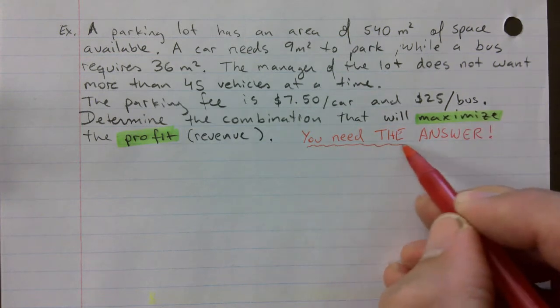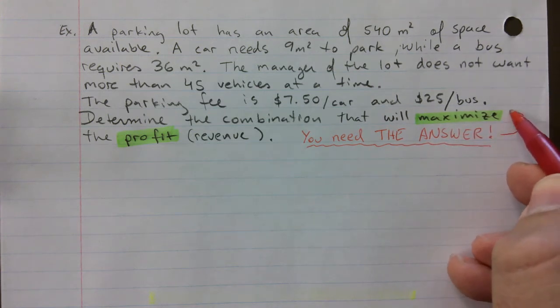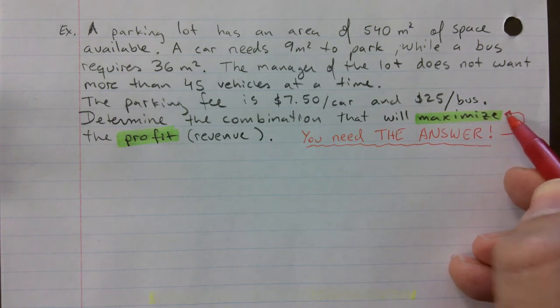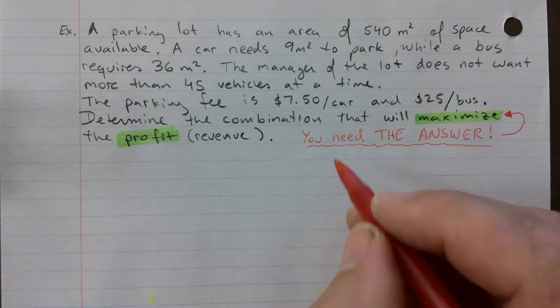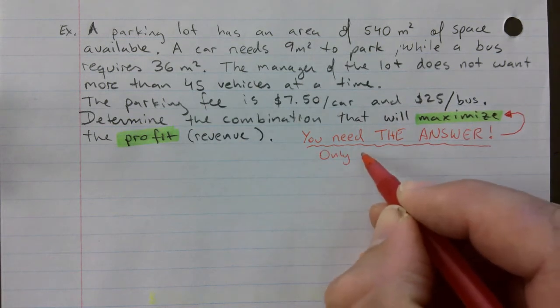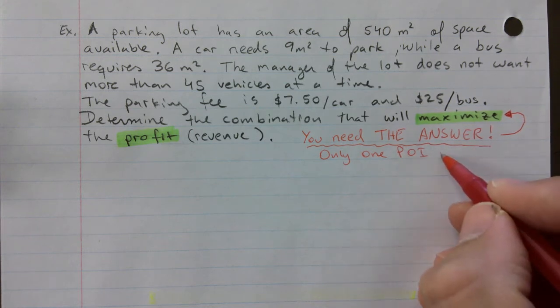That's what that means. So you can put an arrow going to that maximize. What that means is only one corner point, only one POI is the winner.